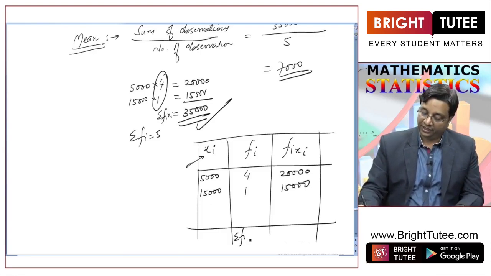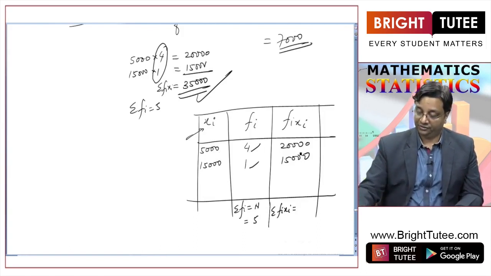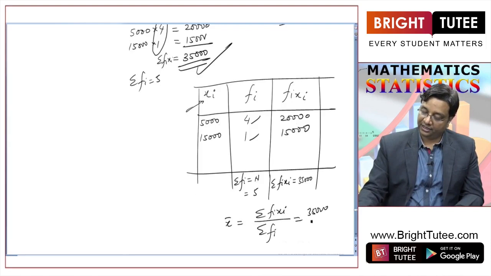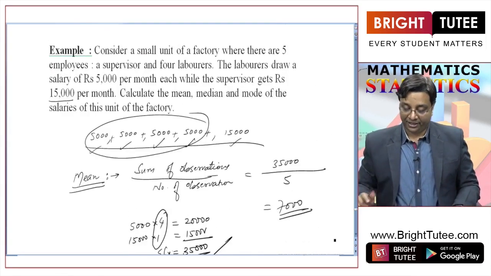What is sigma fi? It gives you the number of observations, which is 5 in this case, the sum of frequencies. And sigma fi xi gives the sum of observations. If you add these, you get the sum of observations, that is 35,000. Now the mean is sigma fi xi divided by sigma fi, that is again 35,000 by 5, 7,000. So 7,000 rupees is their mean salary.